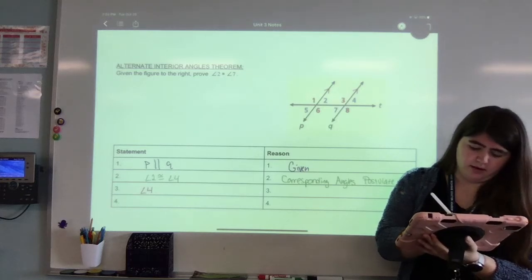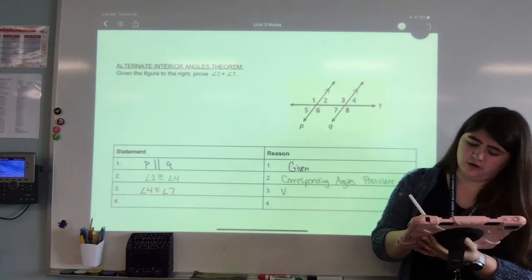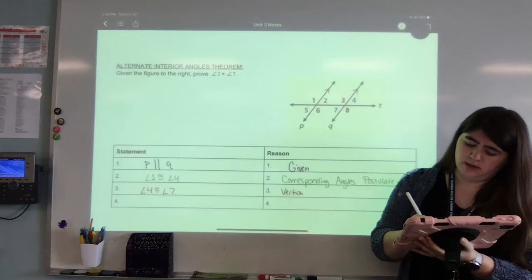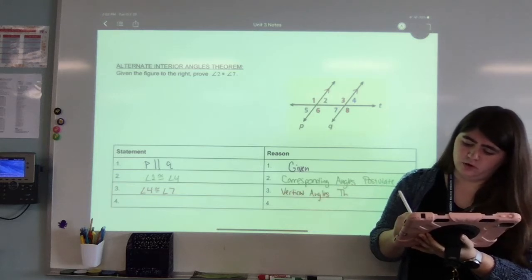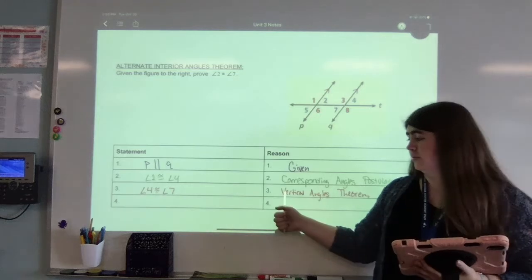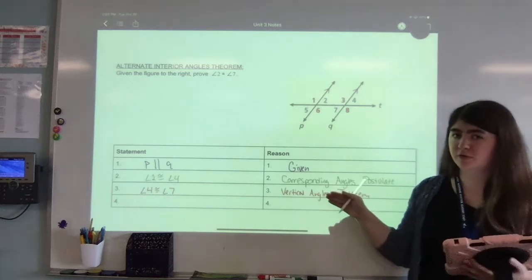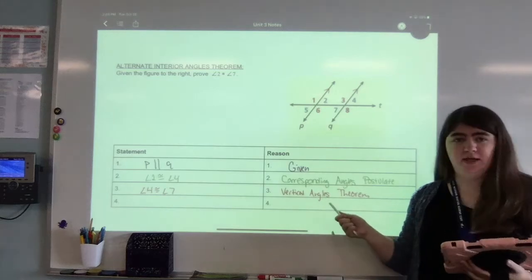Let's try that again. Angle 4 is congruent to angle 7 by the vertical angles theorem, which we can use because we've already proven that this theorem works. Now, if I'm asking you to prove the theorem, you can't use it. But anywhere else, you can because we've proven this.